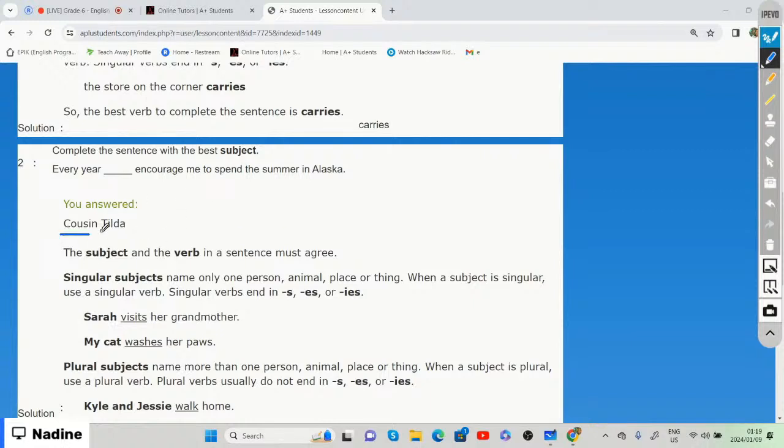So it's basically Cousin Tilda encouraging them to spend the summer, right?